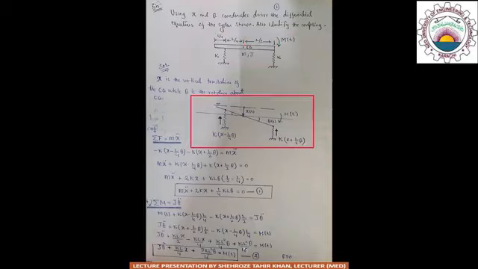When the system is excited under the action of the externally applied force, the system will undergo two different types of motions. Number one, the bar will move up and down in the vertical direction. That means the bar will undergo the linear motion or translatory motion, that is x of t.